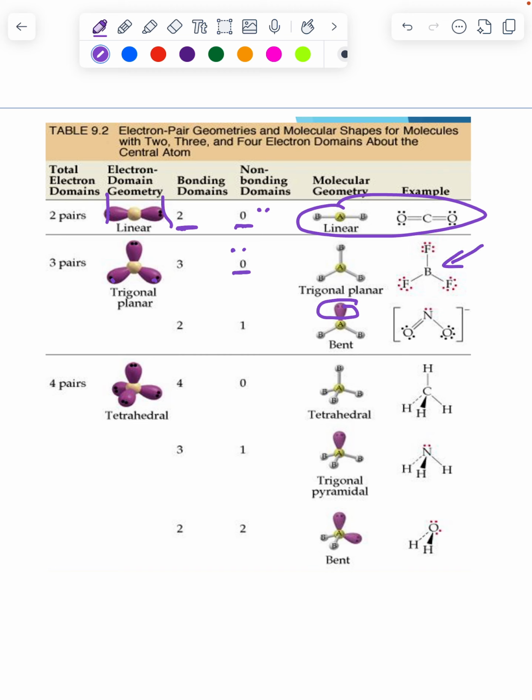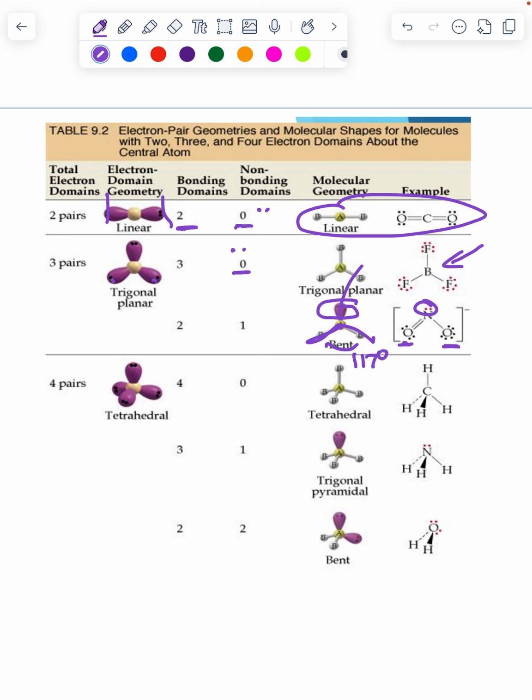So look at BF3. There's 3 fluorines, it's not going to change. But what if you have 2 atoms and a pair of dots? Well, if you build a model, you start with trigonal planar and you literally pull that one off. Well, what's left? It's what we call bent. And just note that that angle there is about 117 degrees.